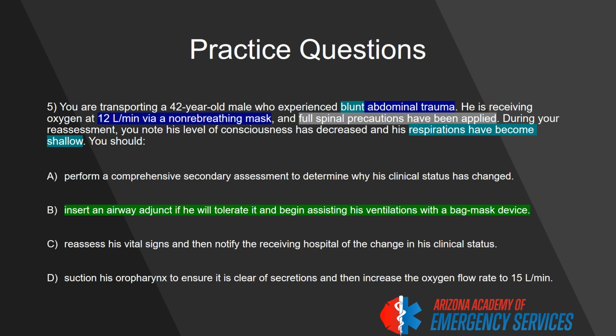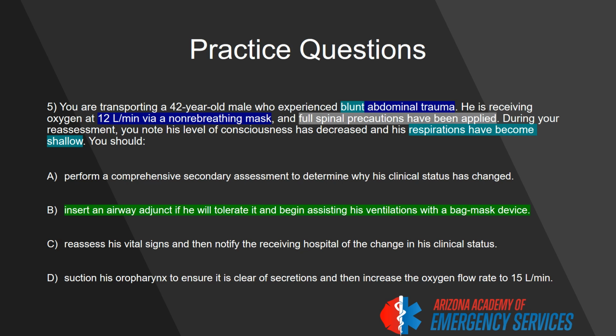What makes D wrong is only increasing the flow rate through the non-rebreather mask that the patient's already on to 15 liters per minute. And you have to remember that with the non-rebreather mask, all it does is increase the concentration of oxygenated air around the mouth and the nose. To have the non-rebreather work effectively, the patient still has to be able to bring in that oxygenated air under their own volition.